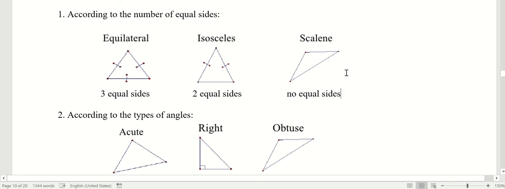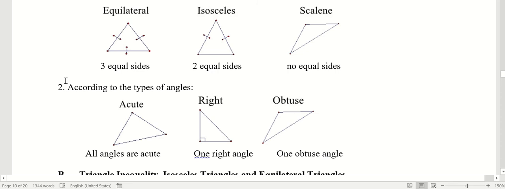These are called scalene triangles, with no equal sides. Usually we don't need to remember the word scalene. We just need to know what an equilateral and an isosceles are. If there are no equal sides, there's usually no need to mention the name.